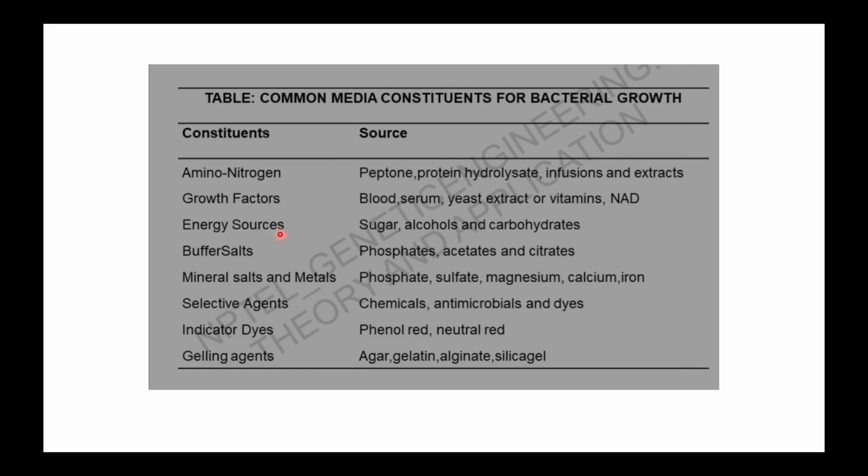Then there is energy. The bacterial cells definitely require energy to multiply and perform their day to day activities. So energy sources are usually sugars, like glucose, etc., alcohols or carbohydrates. And then there are buffer salts, definitely, because there's a certain range of pH that needs to be maintained for all the activities to be performed.